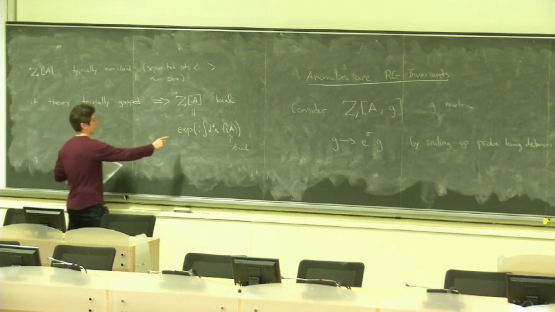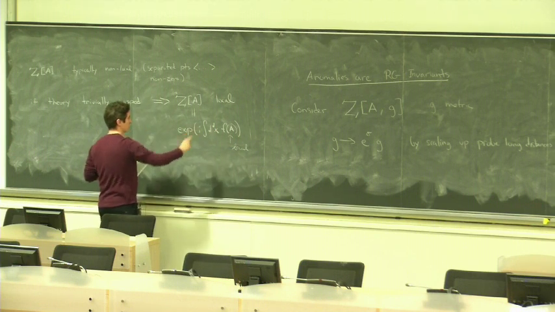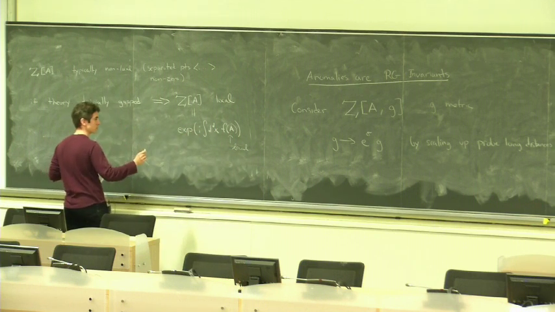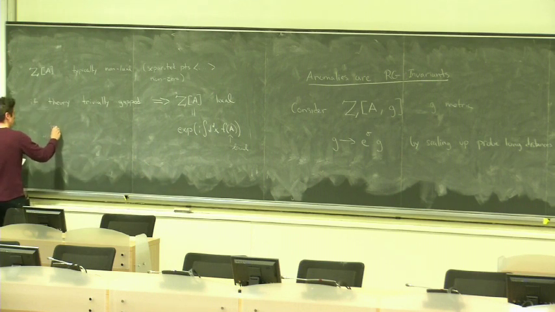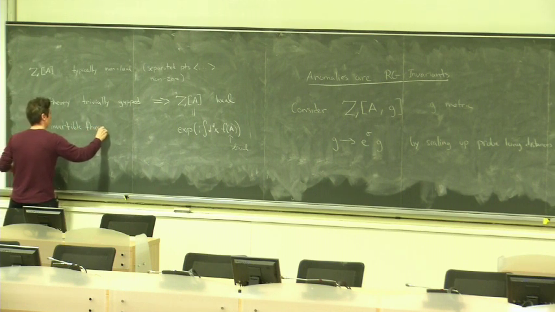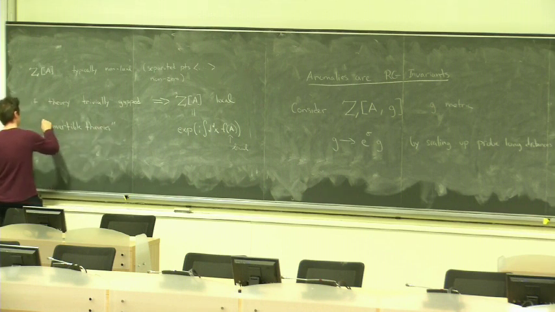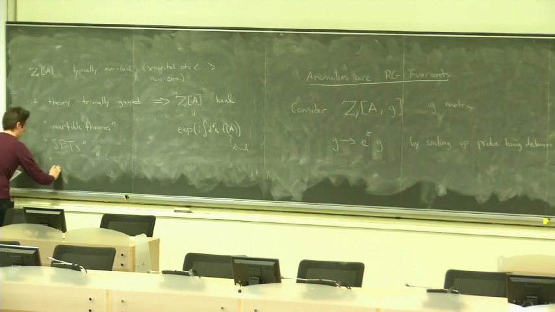Now, these kind of actions, where you have something that's purely local, just something that generates contact terms, have a lot of different names in the literature. Sometimes they're called invertible theories. Sometimes they're also called symmetry-protected topological phases, if you're a condensed matter theorist. Sometimes they're called counterterms.